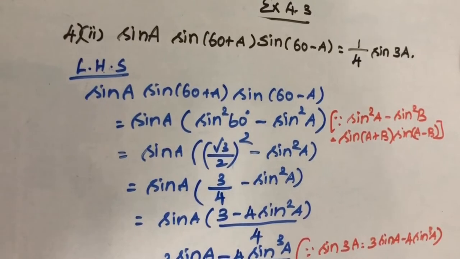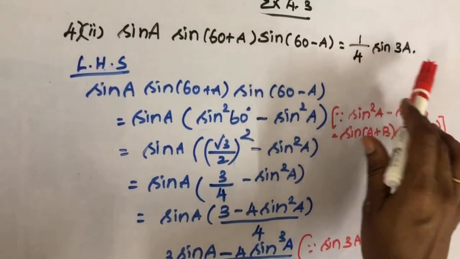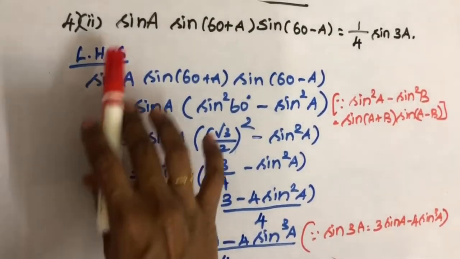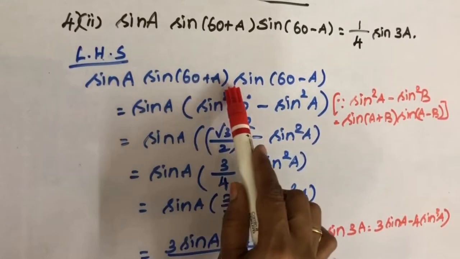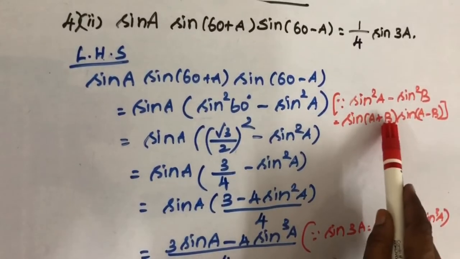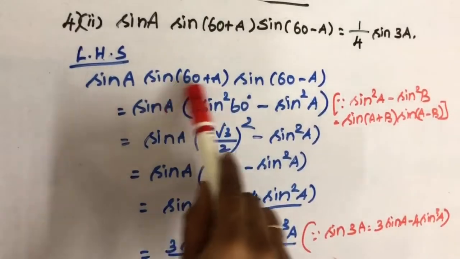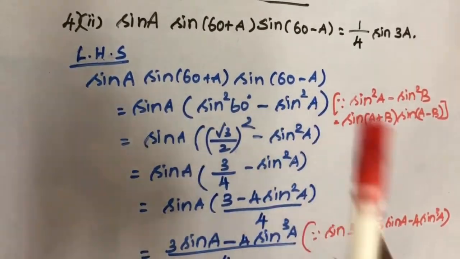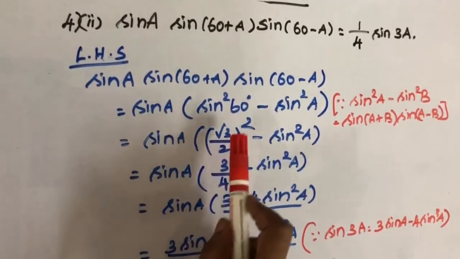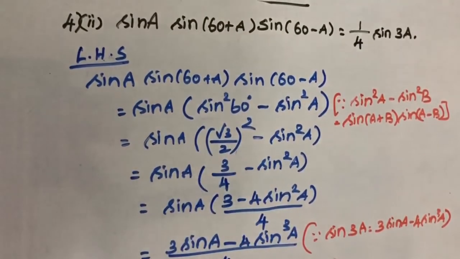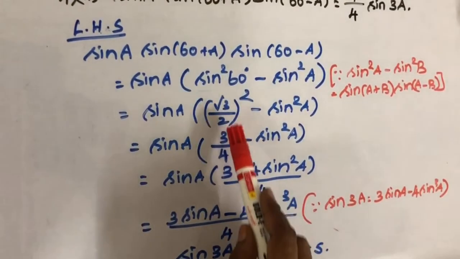Second part, in the fourth problem: sin A, sin 60 plus A, sin 60 minus A equal to 1 by 4 sin 3A. We have to prove this. Left hand side I take sin A, sin 60 plus A, sin 60 minus A. It is in the form sin A plus B, sin A minus B, which is equal to sin square A minus sin square B. So, I write it as sin square 60 minus sin square A. Sin A into sin square 60, that is root 3 by 2 the whole square, minus sin square A. Root 3 by 2 the whole square is 3 by 4.